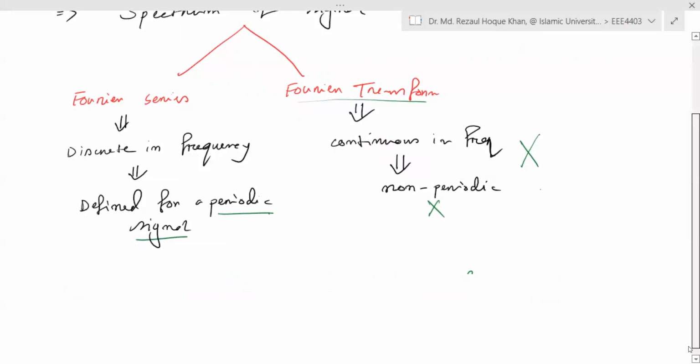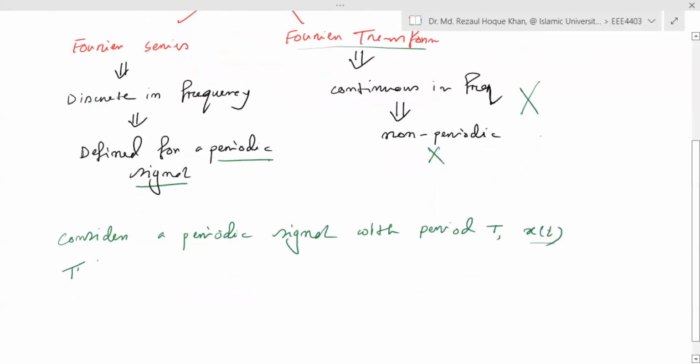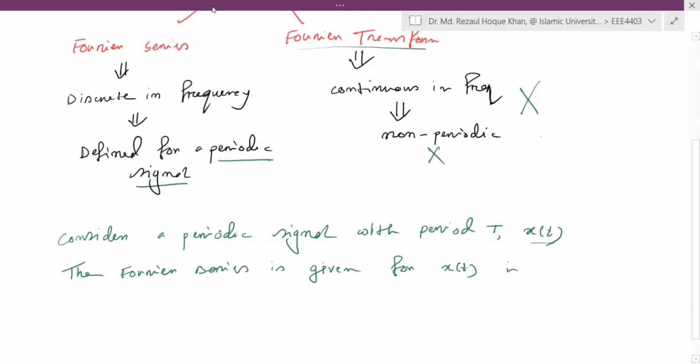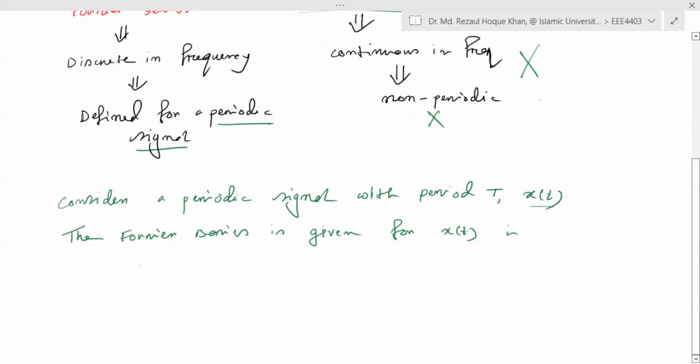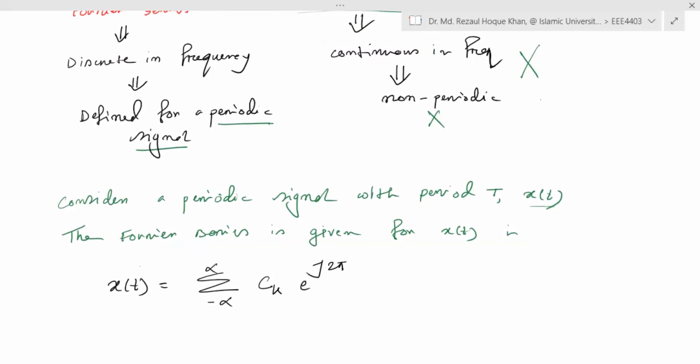The Fourier series of x(t) can be expressed as x(t) equal to the sum from minus infinity to plus infinity of c_k e to the power j 2 pi k f0 t.